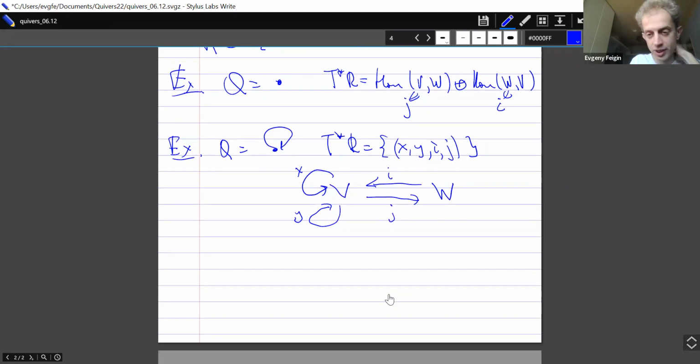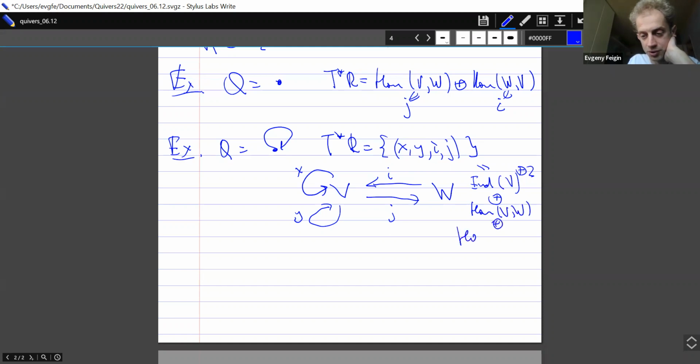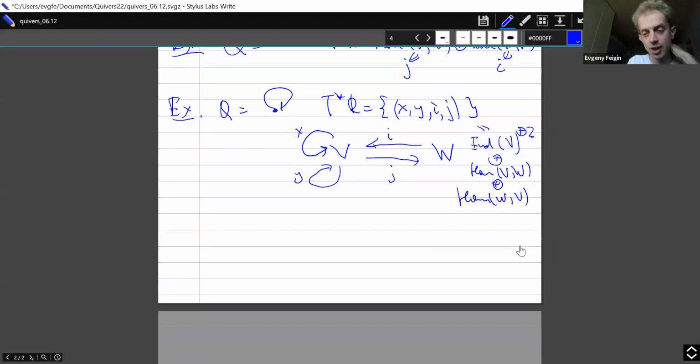So we can identify this space as End(V) twice plus Hom(V,W) plus Hom(W,V). This is our second example. Maybe the last example here is the A2 quiver.